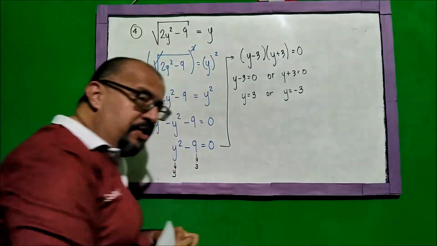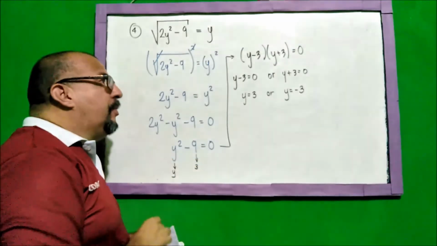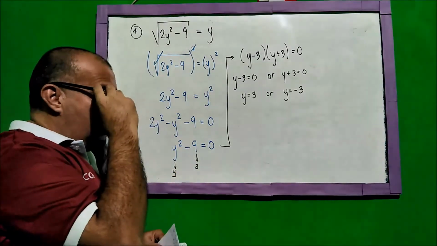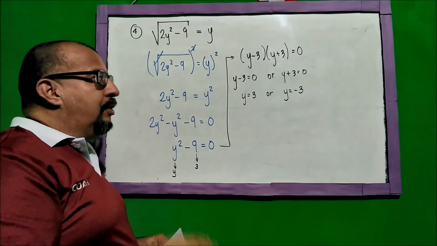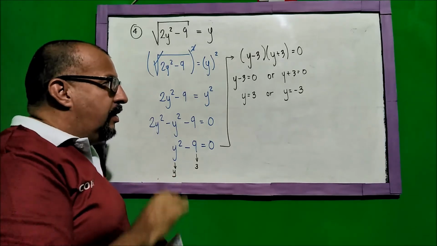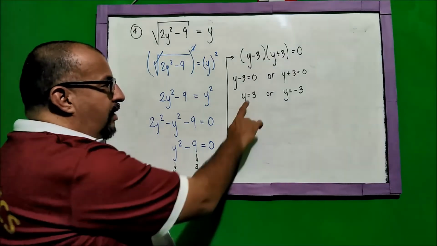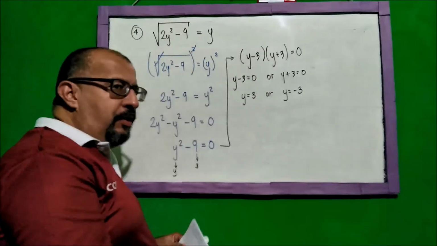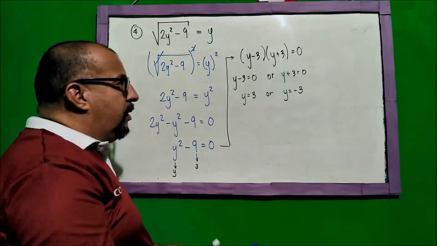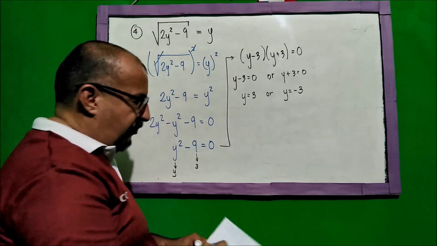Now, we have a situation. As you saw in the previous example, in number 3, we ended up having what is called an extraneous root. Extraneous roots are roots that lead me to a false answer. So now I need to do the checking of the two answers to see if the problem has a solution or not.